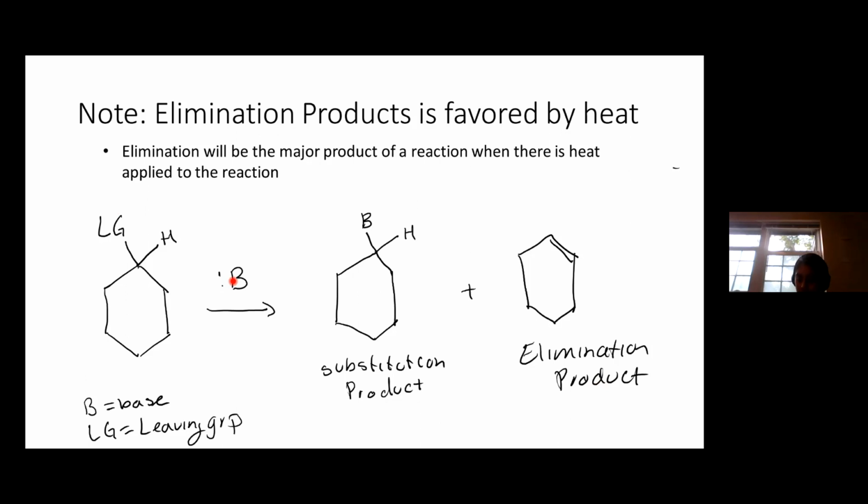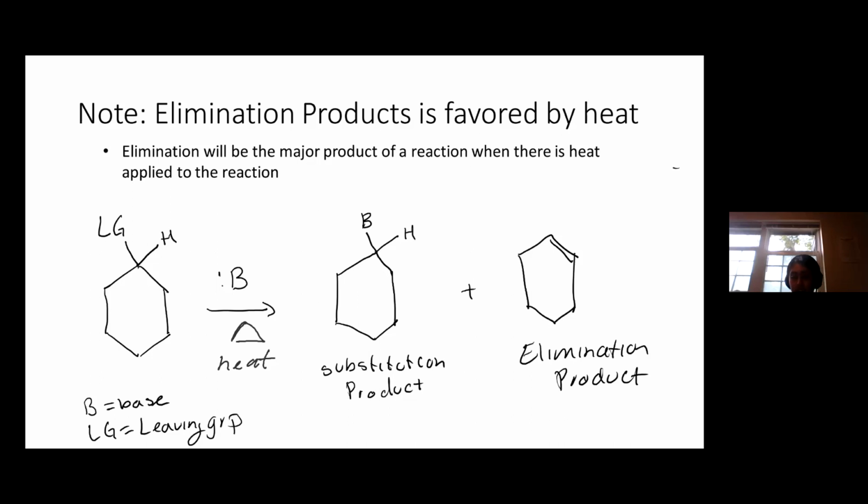And when that happens, if the reaction has heat, this triangle here is for heat, the elimination product is going to be favored, such that sometimes they ask for the major product of a reaction, right?